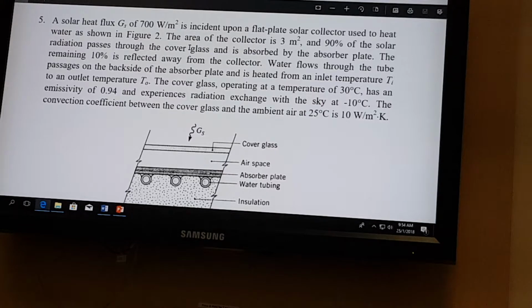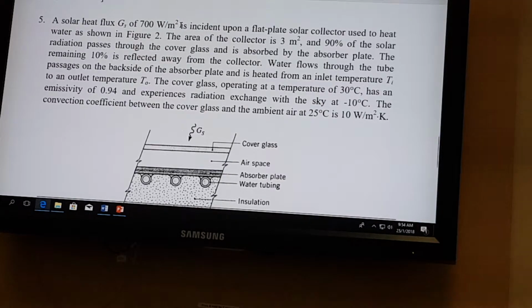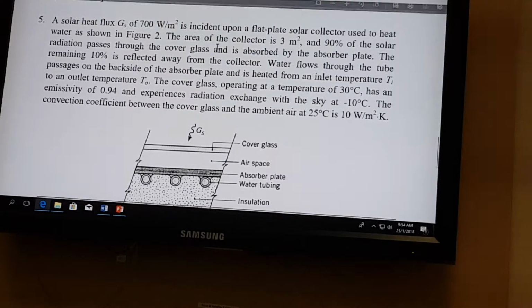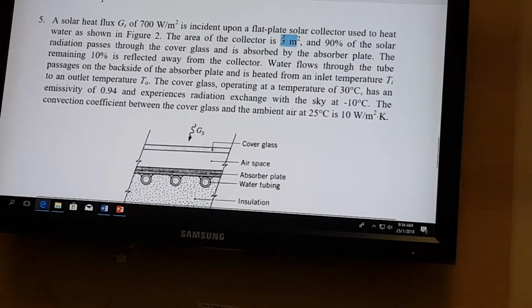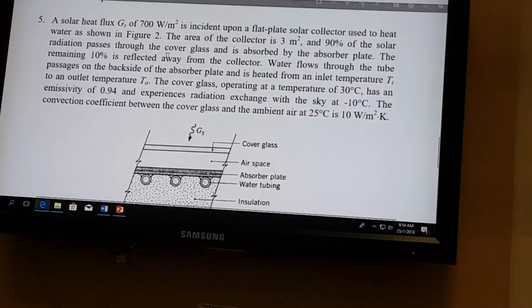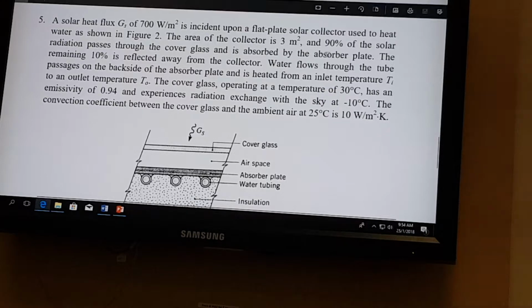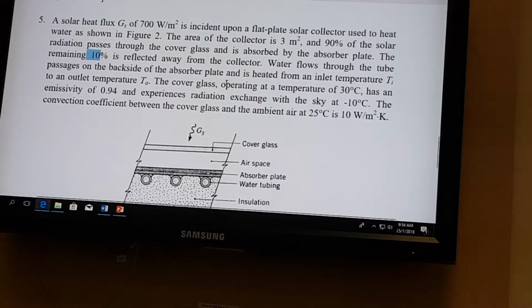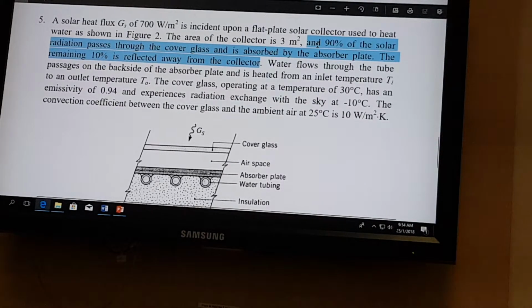It doesn't give you the small q dot. It gives you the area and how much radiation energy comes in. Then 90% of it is stored, and the 10% is reflected out.